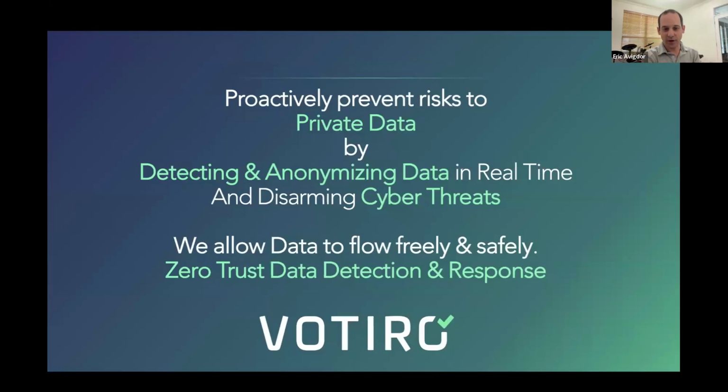That ransomware or malware coming in will end up landing somewhere and in an intention to exfiltrate that private data. So let's look at those two sides of that data risk problem, and let's figure out how we can mitigate it. How can we prevent it instead of dealing with the mess after the fact? How can we deal with that problem in real time to ensure that it actually never happens?